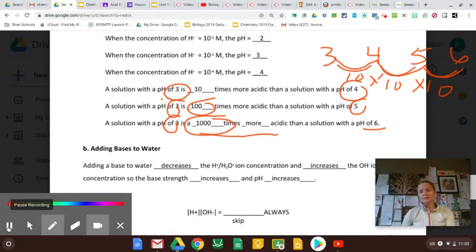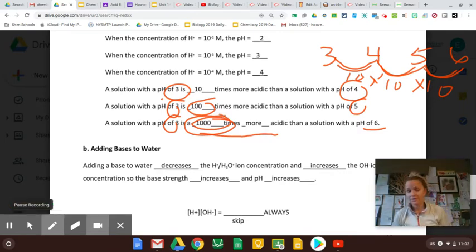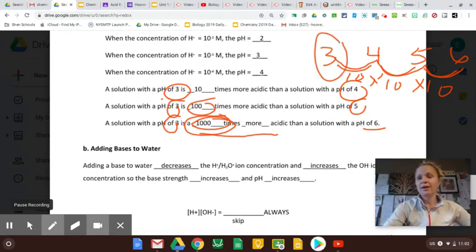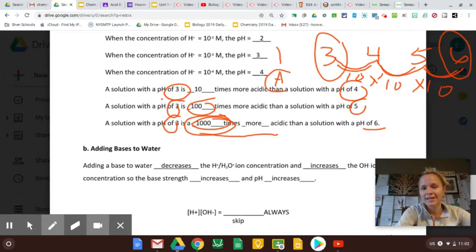The other thing is just knowing, okay, so I can figure out 3 jumps on the pH scale, that's 1,000 times more acidic. Just which way you're going. So in this case, is it 3 1,000 times more acidic, or is it 1,000 times less acidic? Like, which way is it? So you have to remember, if 1 is the strongest acid, the closer you are to that, the more acidic.